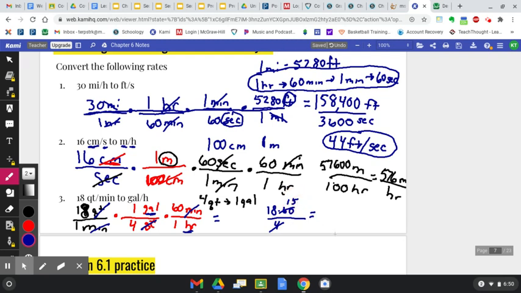So we'd have 18 times 15, which is going to give me 270 gallons per hour. So 18 quarts a minute equates to 270 gallons per hour.